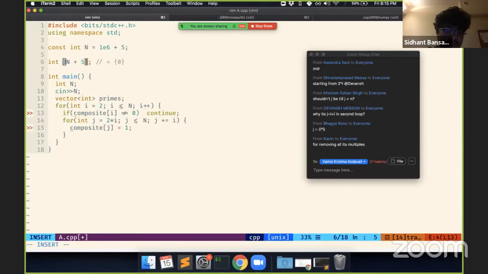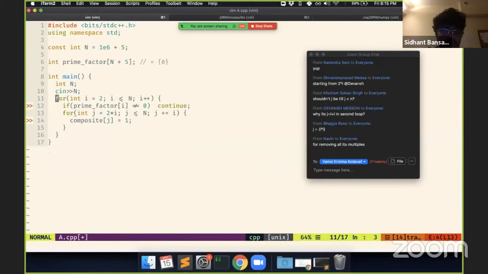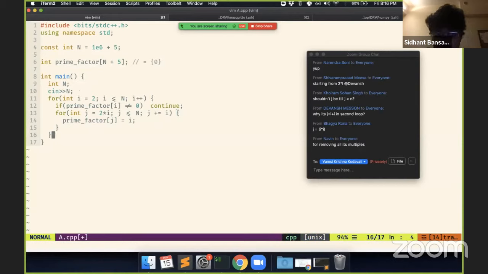Let's rename this to something more suitable: prime factor. There's just a slight change. Now I'm saying j's prime factor has been set to i.